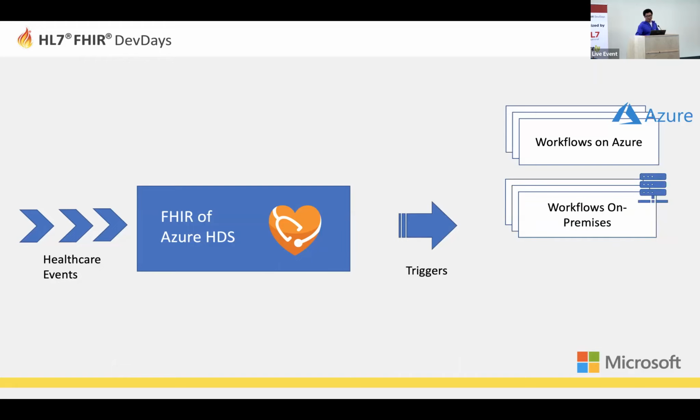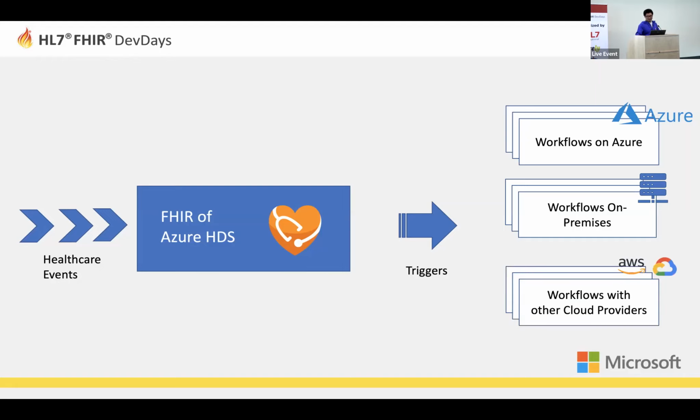If you have on-premise, that's fine. We can trigger that workflow too, as long as you have a webhook that can interact with us. Oh, by the way, we do very strict authentication with your webhook. And if you are using other cloud providers you don't want to move at this moment, that's fine. We can also do that.